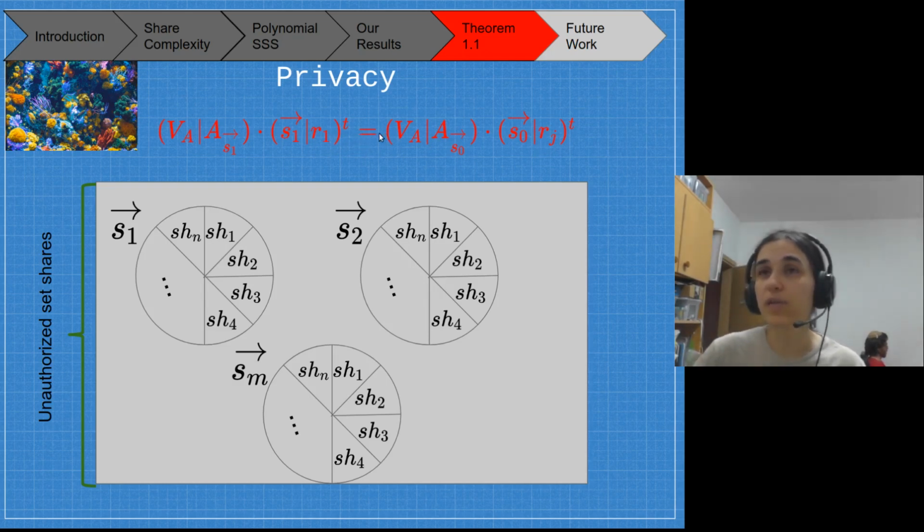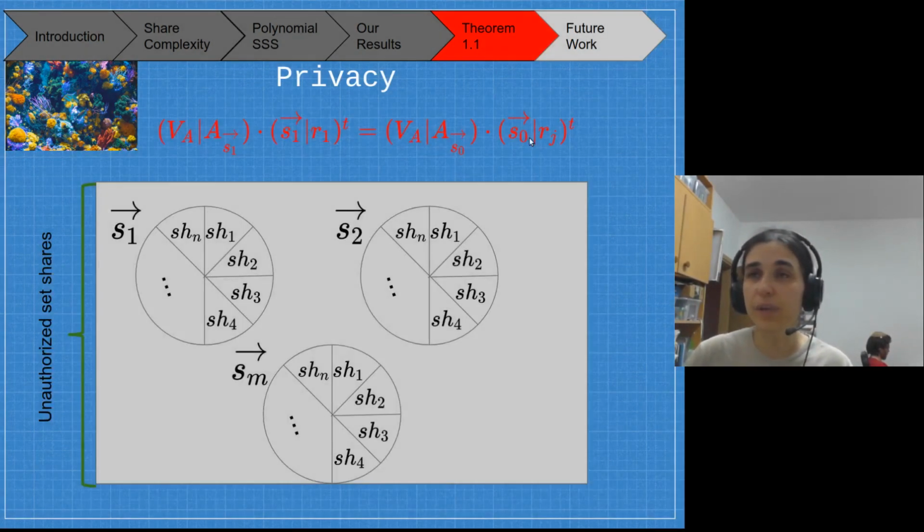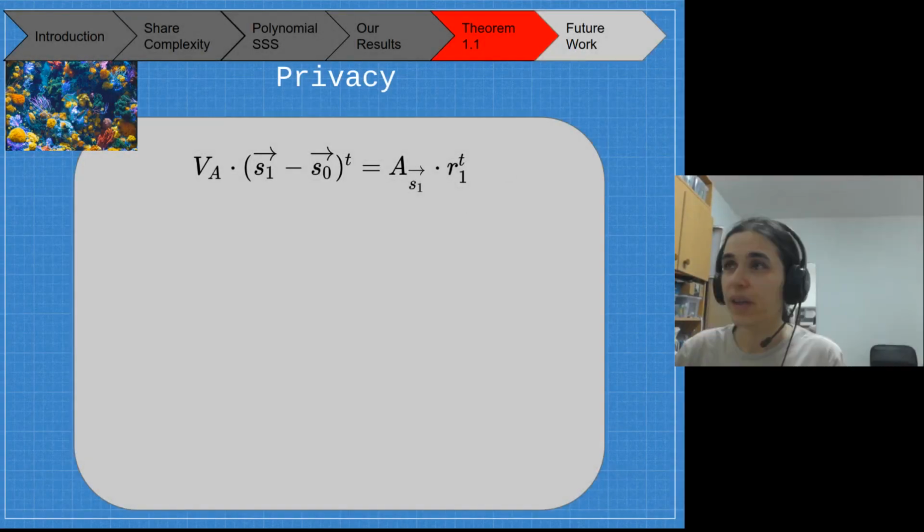Because if the distributions are the same, in particular, they have the same support. Okay, so again, let us substitute 0 for Rj. So we get this equality. Note that this R1 may depend on S0, and it's just guaranteed to exist. It's not an arbitrary R1, not any R1 as for the correctness.